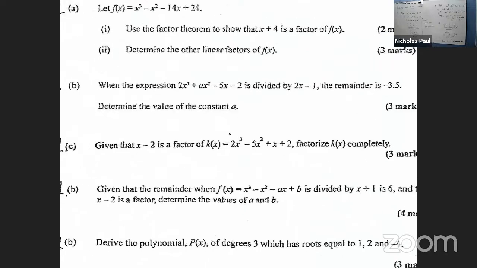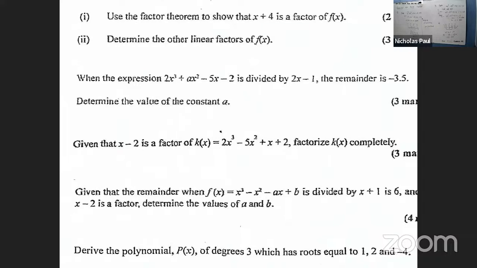Question says to find A. See if we can find A. It's a little different from what we've been doing so far, right? So see if we can figure out what it is.